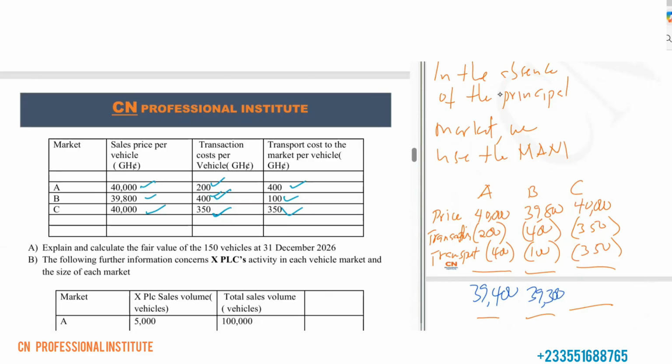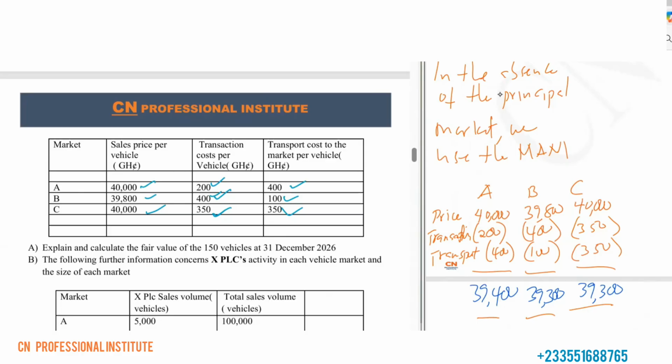And then here we have 40,000 minus 350 minus 350. I'm getting 39,300 Ghana cedis also. So you realize that to get the most advantageous, you pick the selling price, you deduct transport, you deduct transaction cost.